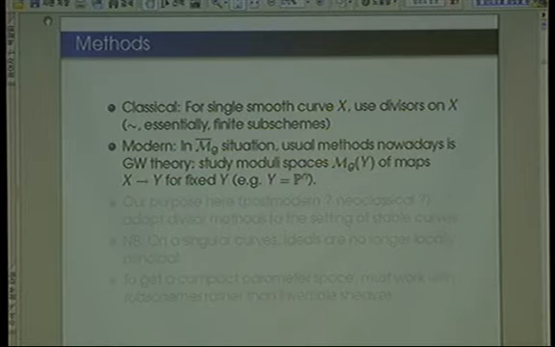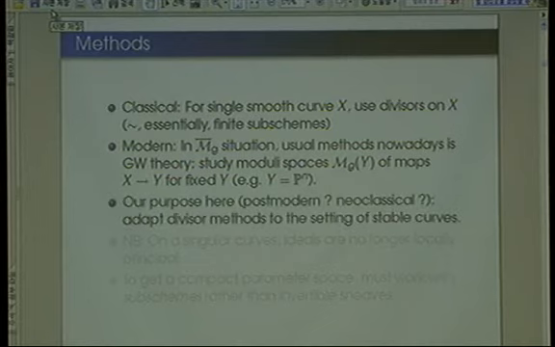In the contemporary study of M_g bar, it's much more common nowadays to use a completely different, extrinsic tool, which people call Gromov-Witten theory, which is the study of moduli spaces of maps from your curves to some other varieties, such as P^n, or say a Calabi-Yau manifold, or something like that.